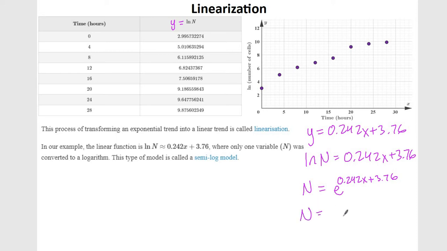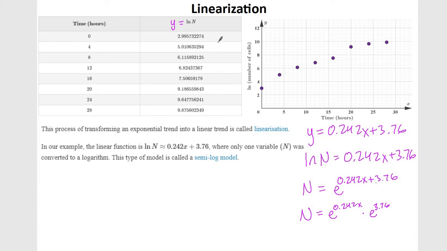We can write it as e to the 0.242x times e to the 3.76, and that's a coefficient, right? It's out in front. We can think of it like that because it's just a number, right? There's no variable here. Okay, it's just another way of writing it.